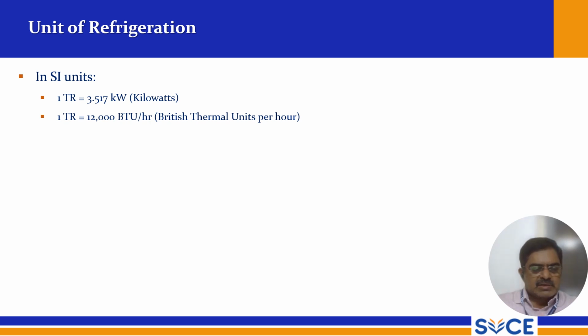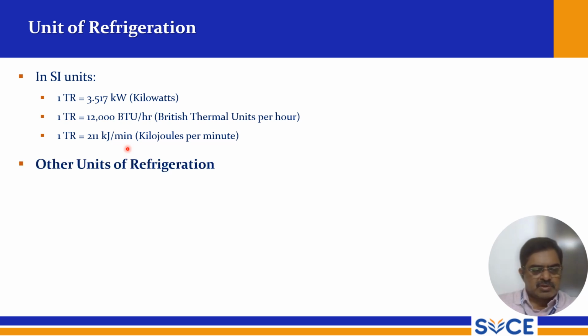And 1 ton of refrigeration equals 12,000 BTU, in terms of British thermal units per hour, and this is not an SI unit. We are not going to use this particular unit BTU. Or 1 ton of refrigeration equals 211 kilojoules per minute. So this is another number you should remember, students.